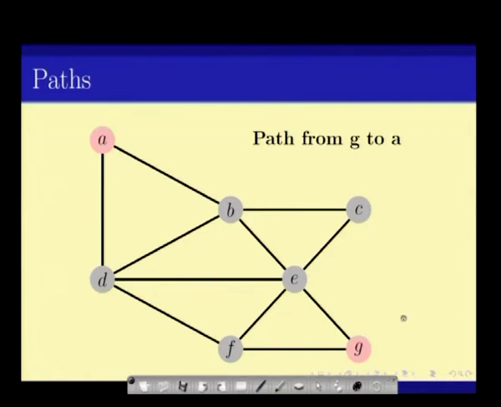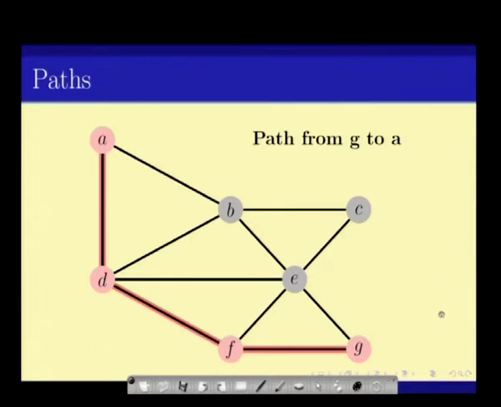You can take an edge and then another edge and then another edge, and so on. So, a path is something like this. Say here is a path: from G you go to F, from F you go to D, from D you go to A. If there exists such a thing, then we say there is a path from G to A. There need not be a unique path.